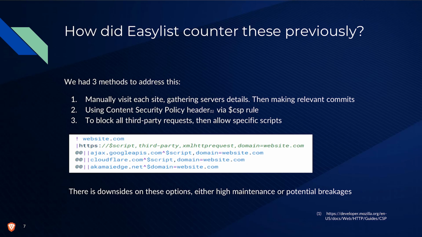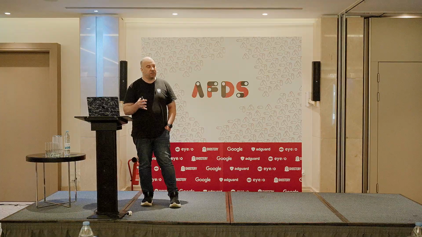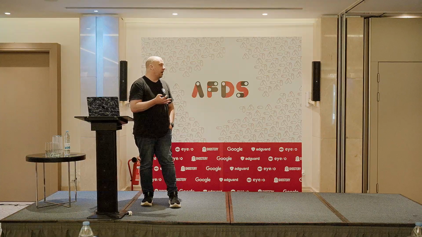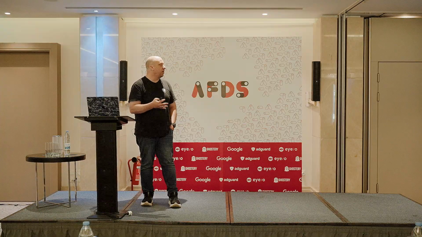And then the other option was just to block everything from third parties and just allow specific scripts. That one is fine until the website changes something, like they go to another cloud provider or change their scripts, and we suddenly start blocking too much on this site. So there are downsides to all 3 methods: either high maintenance or more potential breakage.